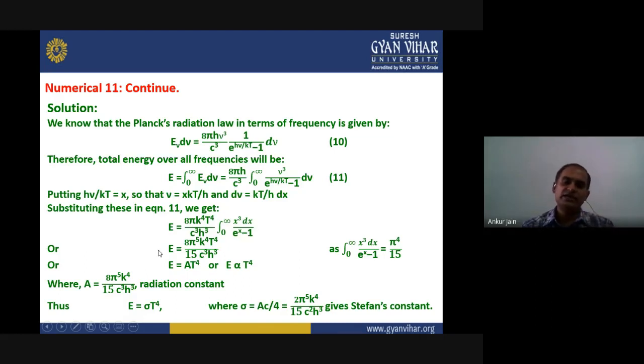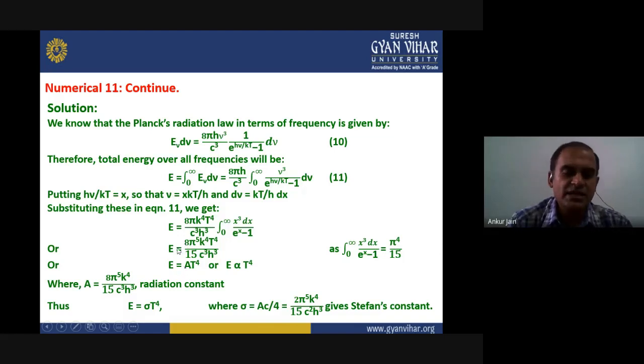Now the value of energy E equals 8 pi to the power 5 k to the power 4 into T to the power 4 divided by 15 c cube h cube, because we know from the mathematical part that the integral value of this term is equal to pi to the power 4 divided by 15. Now you see here, every term except temperature, whether it is pi, k, c, or h, is constant.